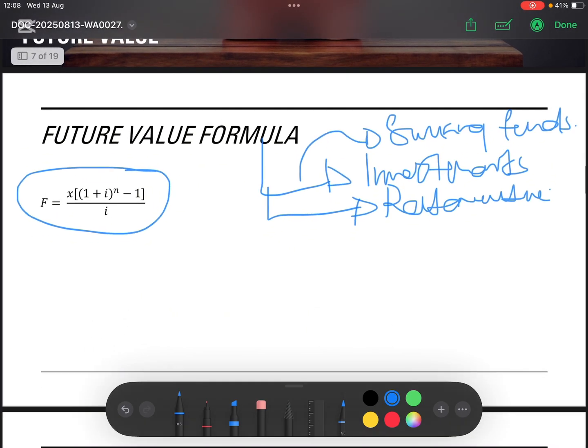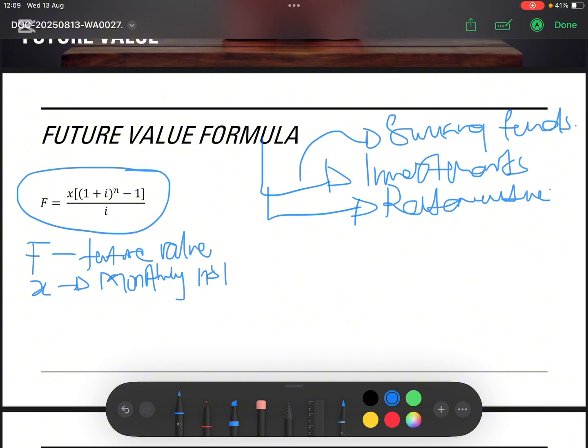So, okay, let's look at this formula. We have F, which we call the future value. Future value is the amount of money that you're going to accumulate after some certain years. And then we have X, which we call the monthly installment.